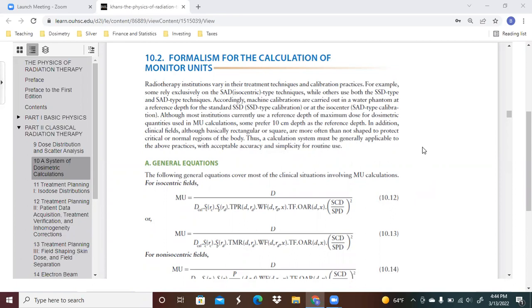Now, there are different ways of doing this depending on who you consult, but there's pretty much a general set method for how to do either an SSD or an SAD calculation.